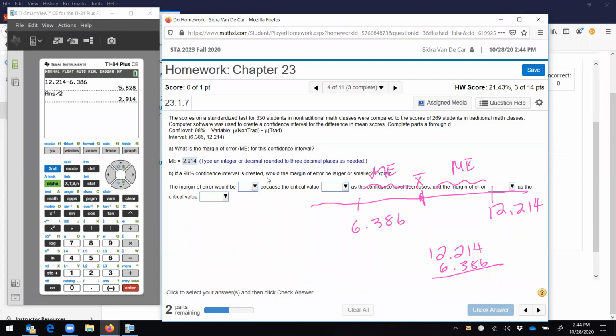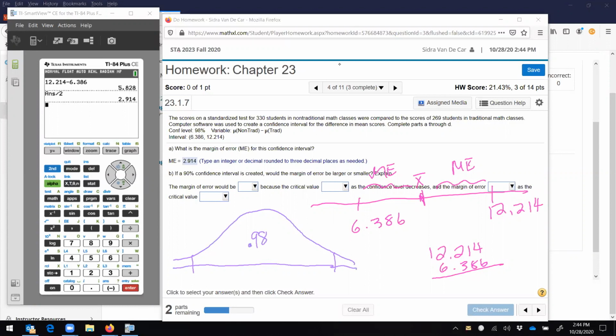If a 90% confidence interval is created, would the margin of error be larger or smaller? Okay, so again, let's look at our picture here. When I have a 98% confidence interval, that means that the 0.98 is in the middle and the rest is split on the outside.